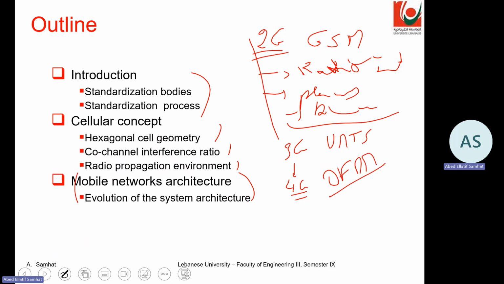We already presented OFDM last year in the digital communication course. So we will see how this radio interface is used in the fourth generation, and what the major modifications are at the architecture level.